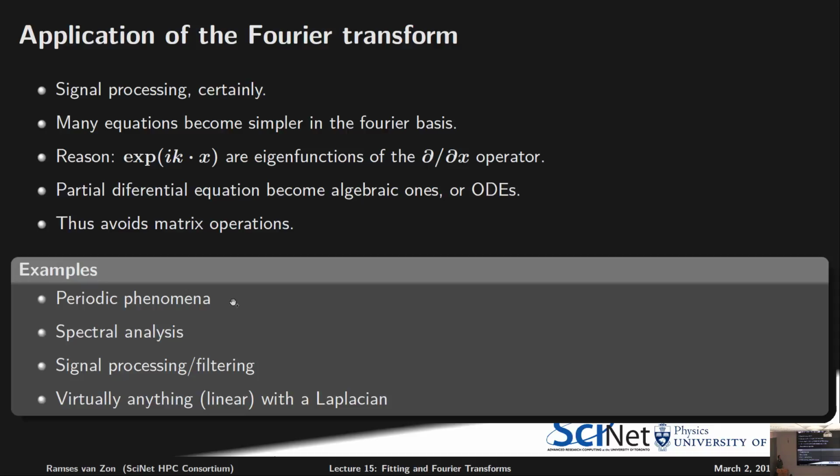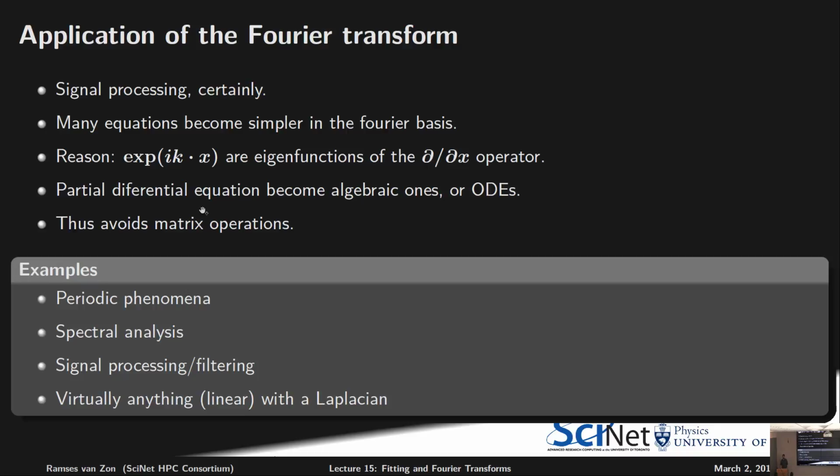The reason is that this little phase vector happens to be an eigenfunction of the differential operator, which means that you can turn partial differential equations, which we covered a few weeks back, into ordinary differential equations, which you have also covered and which were a little easier to deal with. And in the process, you could actually avoid some of the matrix multiplications.